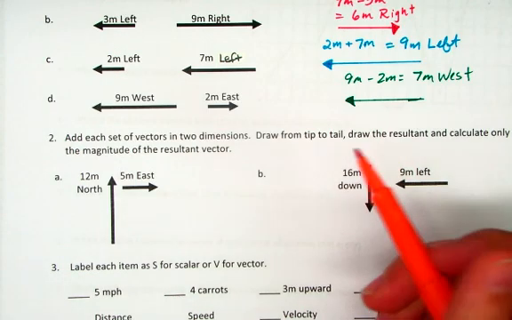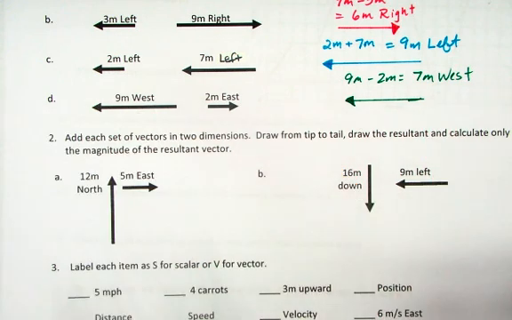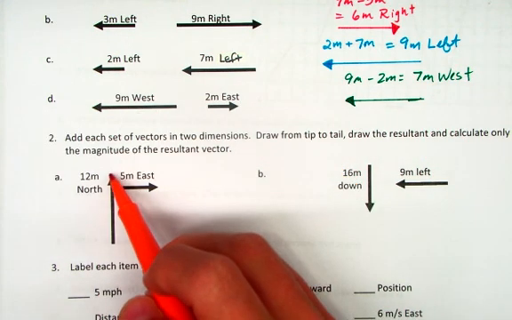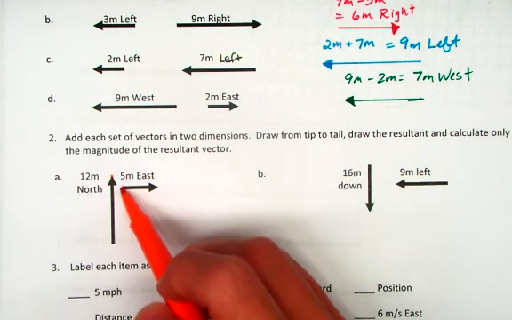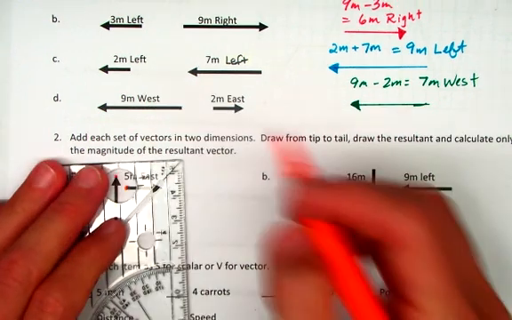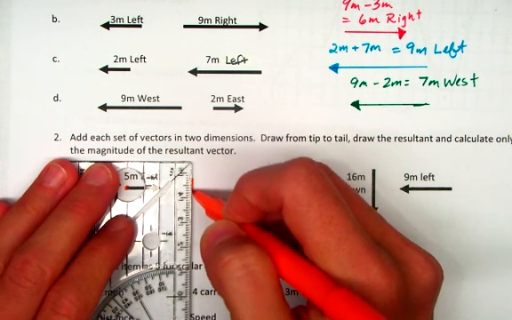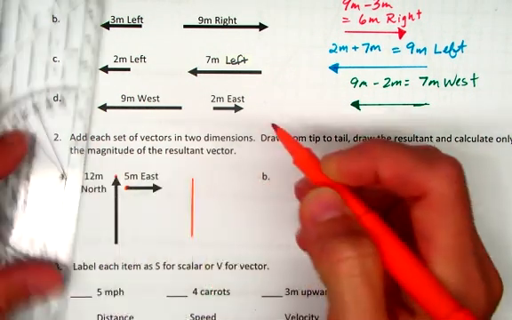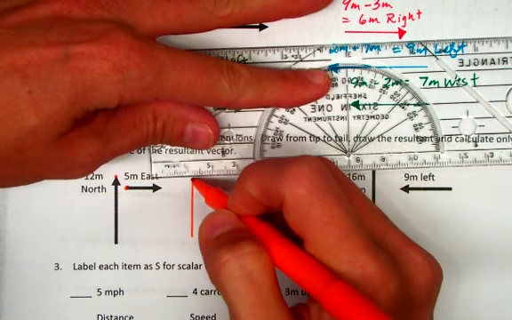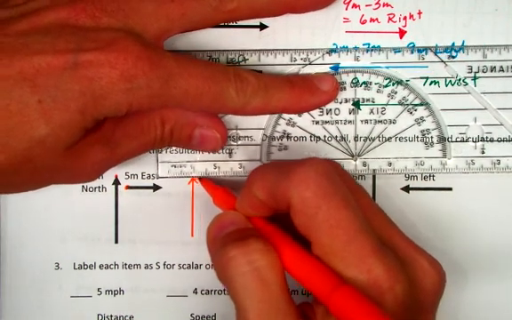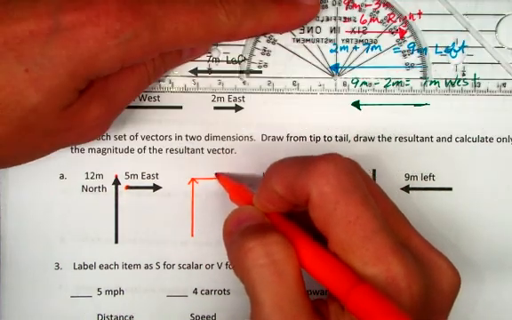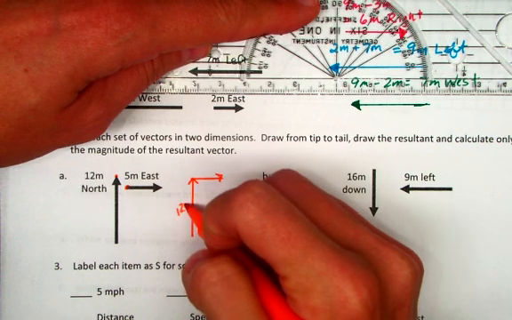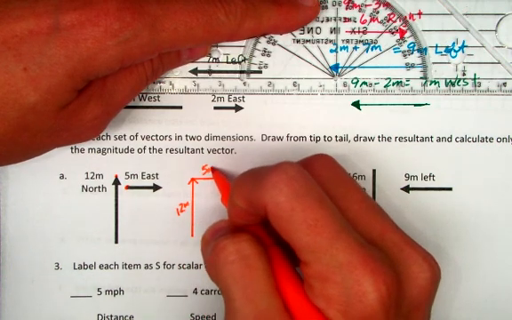So what we have, if I draw tip to tail, I can take the tip of the arrow here and attach it to the tail here. So I'm going to go ahead and redraw. So I have 12 meters and I have 5 meters.